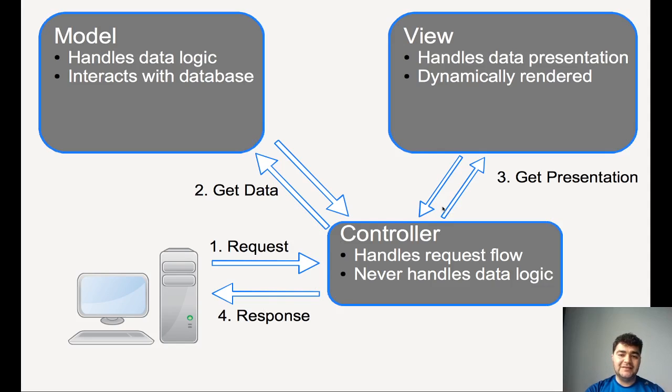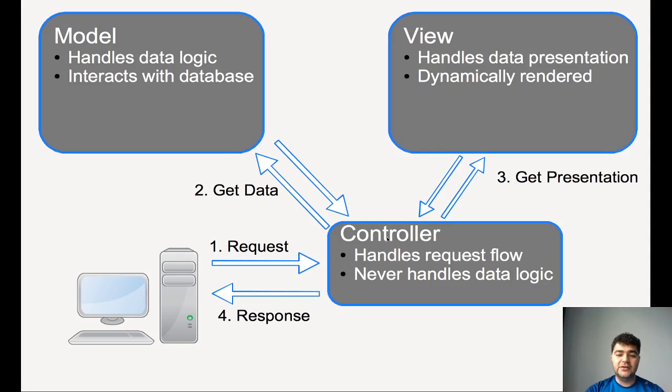But the thing here is that the model and view never interact with each other. And the controller doesn't care about how the data is gotten, what data the user is going to get, or how it's handled. View also doesn't touch the model part, so it doesn't get the data directly from the database.